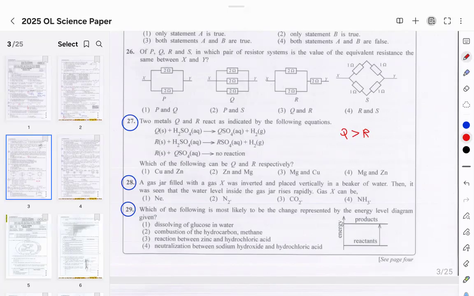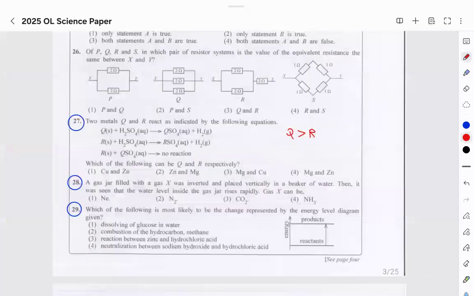What do you think? That is also correct. So Q can be magnesium and zinc can be R. Then third and fourth both are correct.